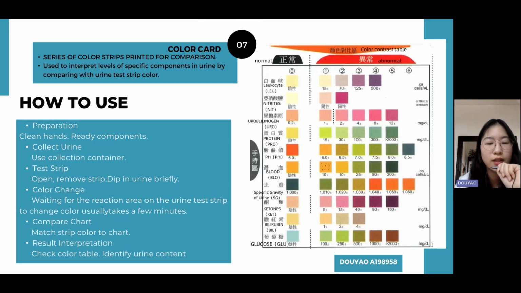The color card has a series of color strips printed for comparison, used to interpret levels of the specific components in urine by comparing with the urine test strip color. And this is a simple description of how the product is used.